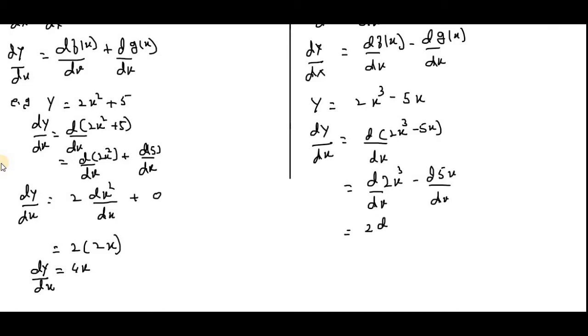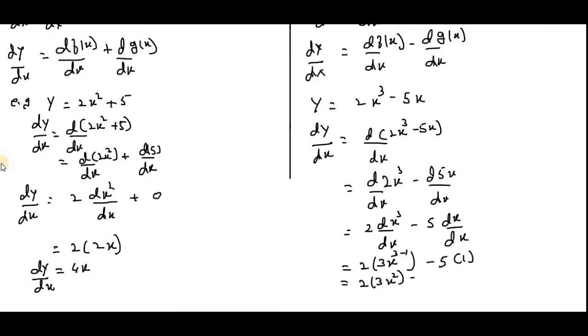Now first of all, we are going to apply the constant times function. So taking 2 outside, d by dx of x cube, again constant times function, 5 dx over dx. So 2, applying power rule, 3x raised to 3 minus 1, minus 5 into 1, because the derivative of x is 1.